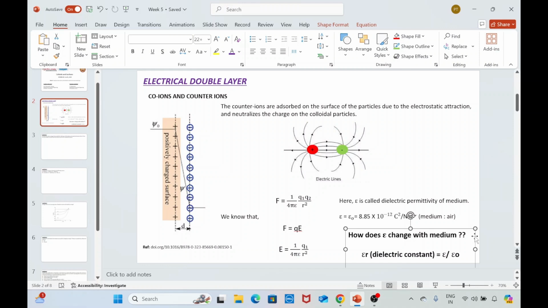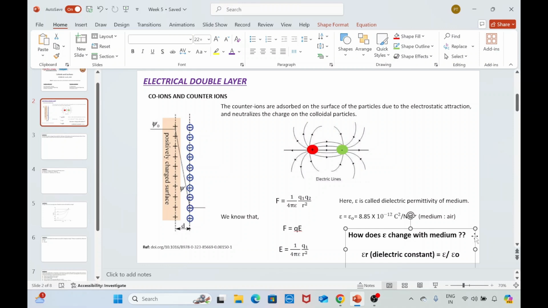In questions, and today also we are going to solve one question, we will usually be given only the dielectric constant of that medium. From there, we need to calculate the value of the dielectric permittivity of the medium using this equation.